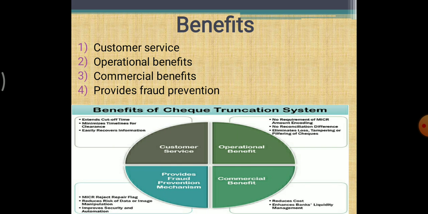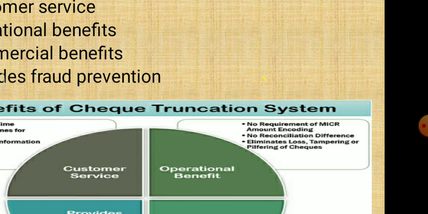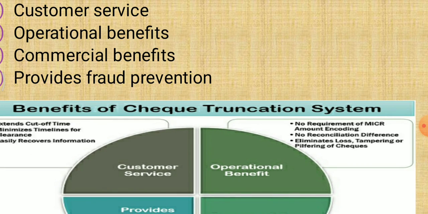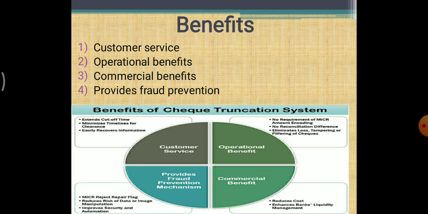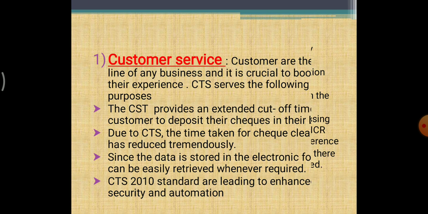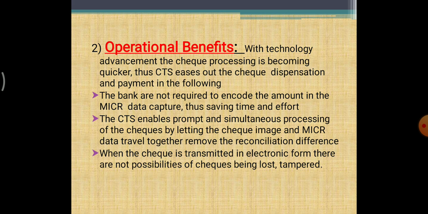And next, second one is operational benefit. Here we can see no requirement of MICR amount encoding, no reconciliation differences, and elimination of loss, tampering or filtering of the cheque. With technological advancement, cheque processing is becoming quicker, and the cheque truncation system makes cheque dispensation and payment easier in the following ways.